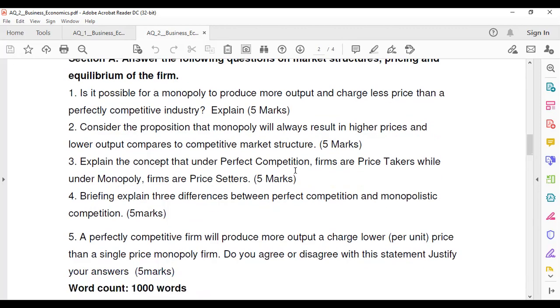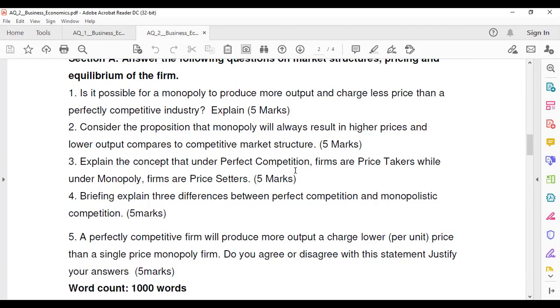Number 3 is explain the concept of perfect competition. Again, when you read the market, there is a monopoly market, oligopoly market, perfect competition. So you need to explain the concept of the perfect competition. A lot of perfect competition market available in this current market now.